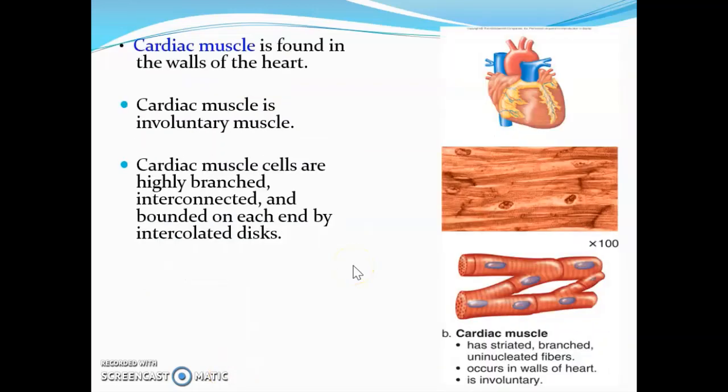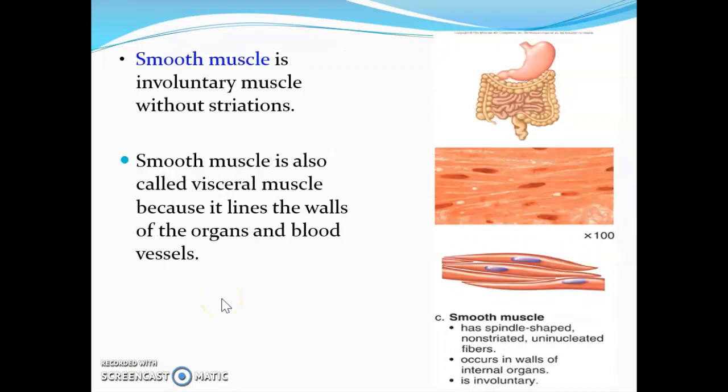Next is the cardiac muscle. Cardiac muscle is the muscle that is found only in the heart. The function of cardiac muscle is to facilitate the action of contraction in the heart. The third type of muscle tissue is the smooth muscle.